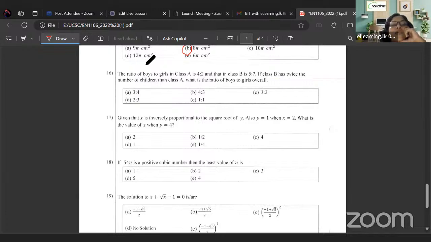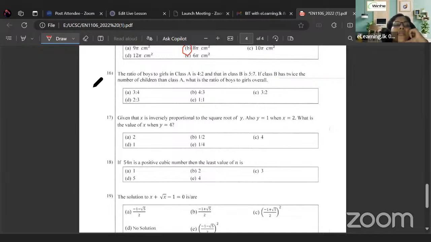The ratio of boys to girls in class A is 4 to 2. And that in class B, 5 to 7, girls to boys ratio.